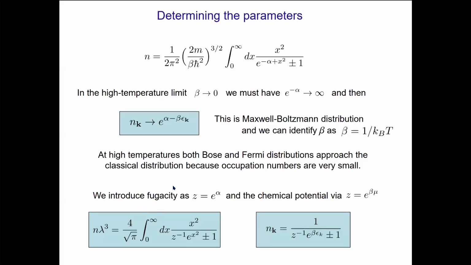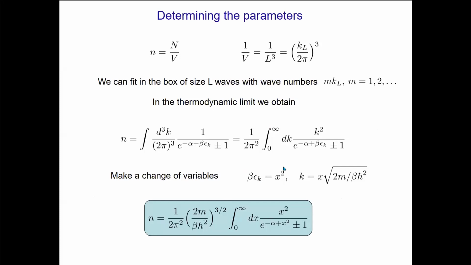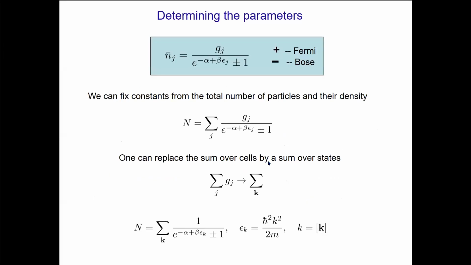Okay, so let's go back to our lecture. This is basically the relation for the density in terms of this integral. Now this integral goes over k. Let's make a change of variables. Let's remember that the energy of the particle is given in terms of the wave number by this relation.